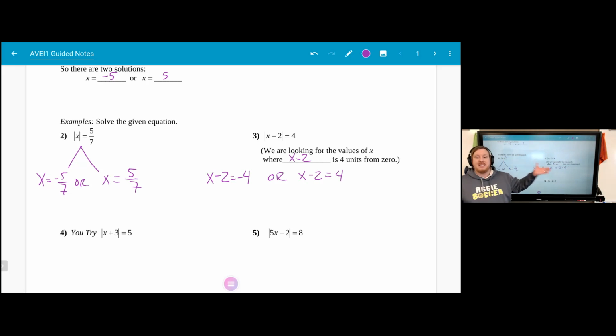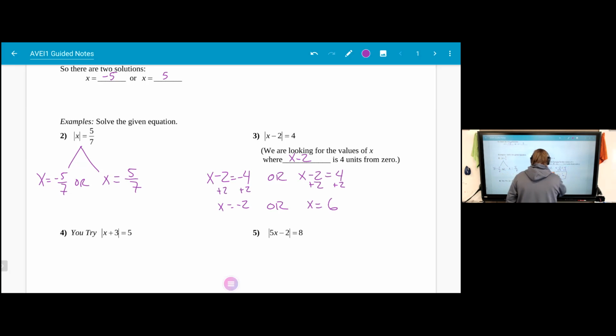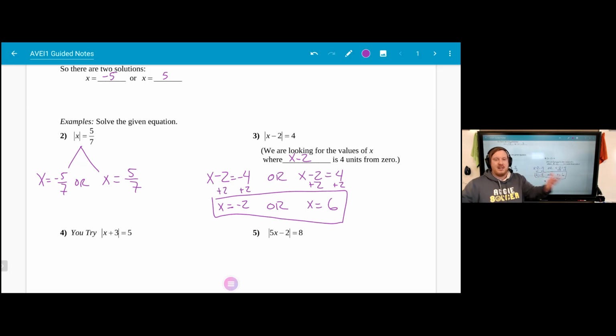I'm going to solve these independently. I'm going to add 2 to both sides on this one. I get x equals -2, or add 2 here, x equals 6. That's my solution set, okay? Knowing these things that we've just talked about, go ahead and try numbers 4 and 5.